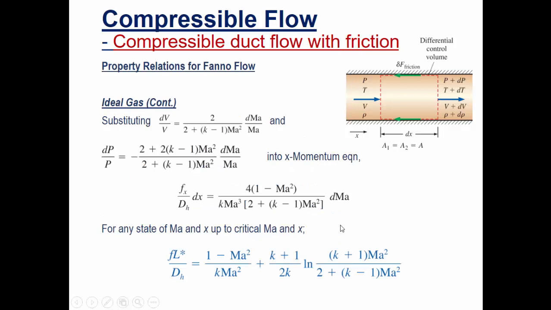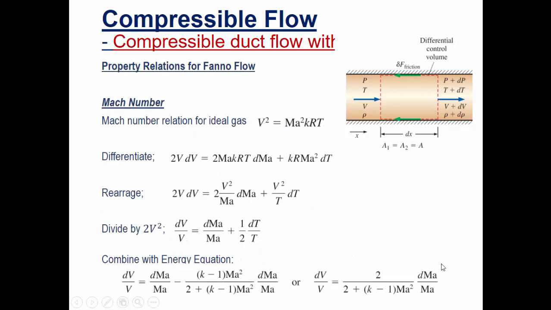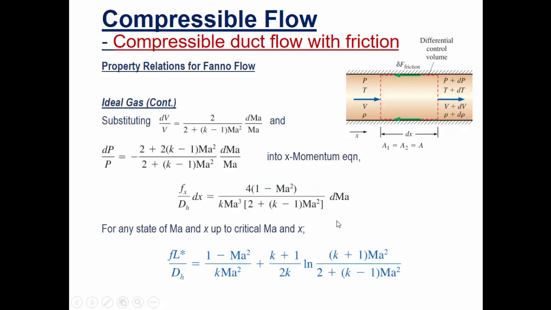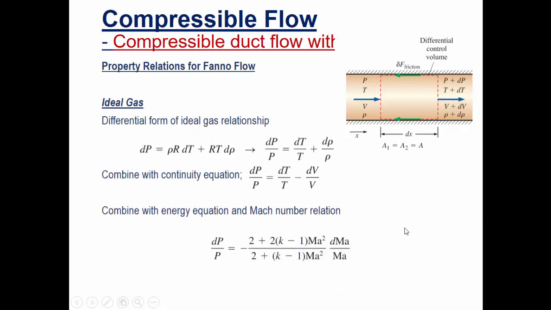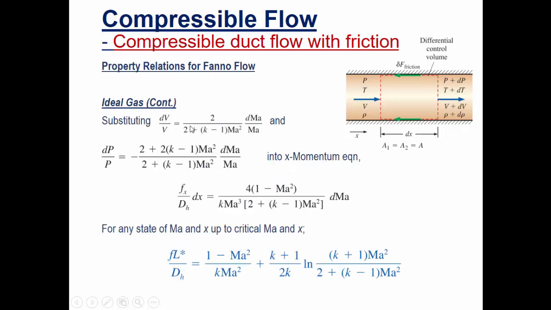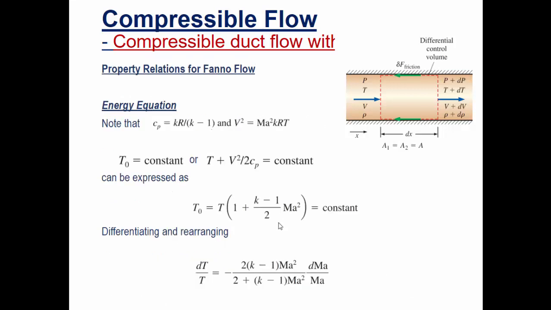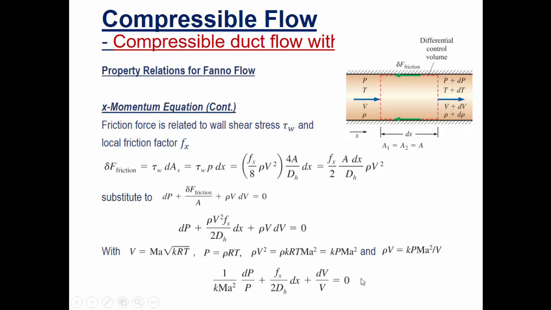And next, we substitute the differential form of the velocity equation, which we have developed previously, which is from the Mach number relation, and another equation from the ideal gas relationship, these two equations, into the x direction momentum equation, which we have developed here, I think it is here, the final one.